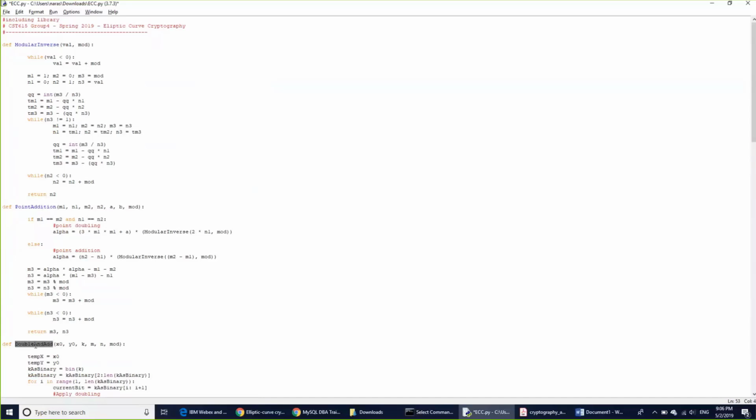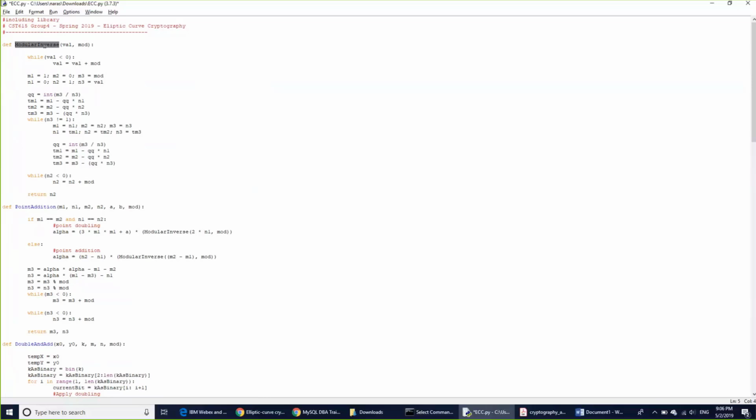Okay, what the modular inverse actually does is handle the divisions in elliptic curves. This is actually not a division, but it's kind of a division, modular division.